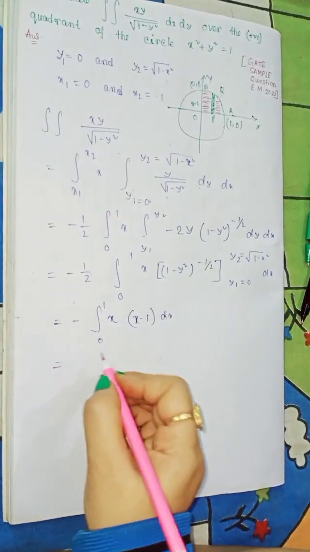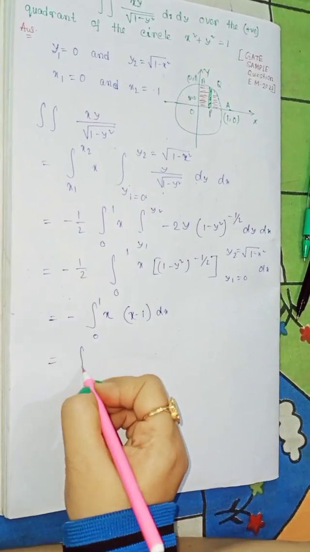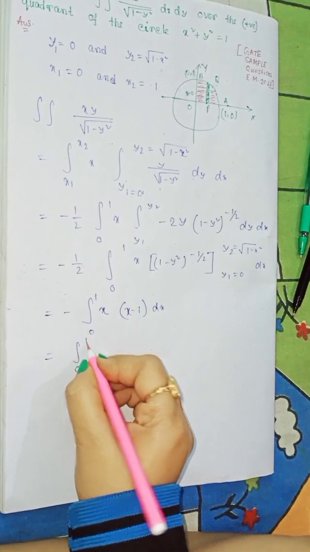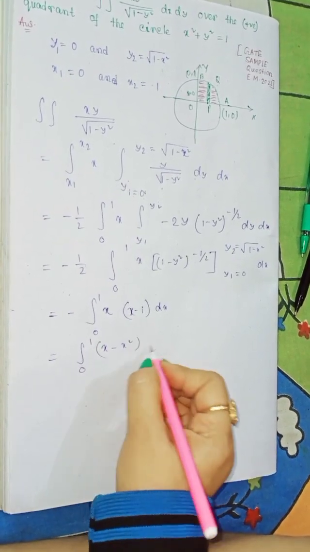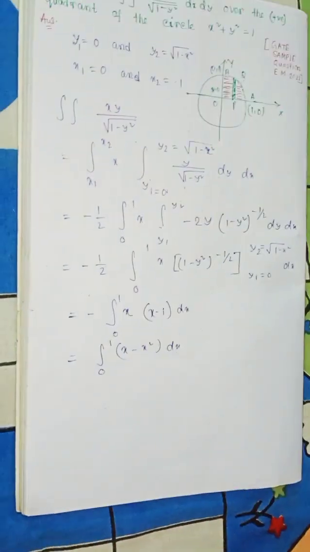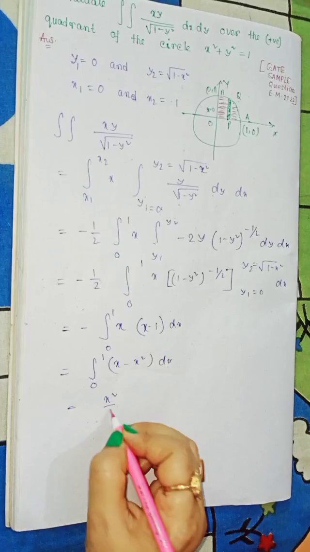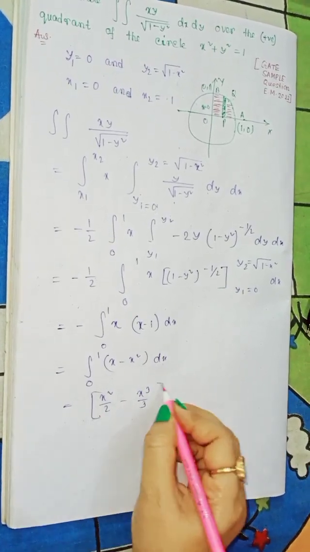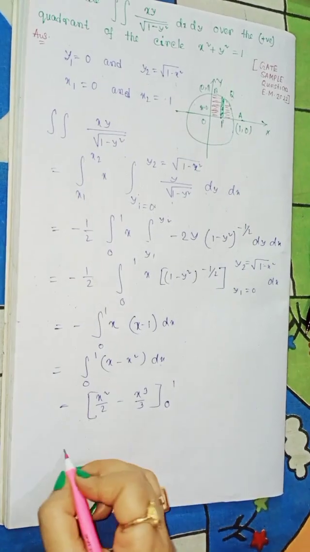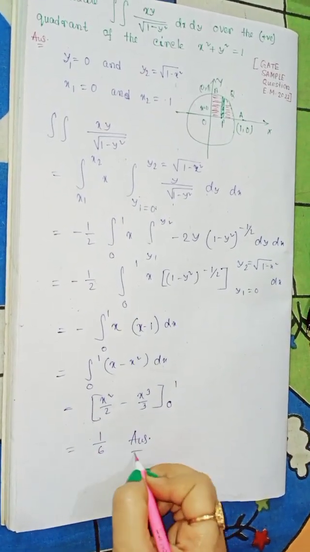So now integrating this one, minus into the bracket, so here x minus x square dx. Now integrating this one, x square by 2 minus x cube by 3 between the limits 0 to 1, so that is equal to 1 by 6. So it is our required solution.